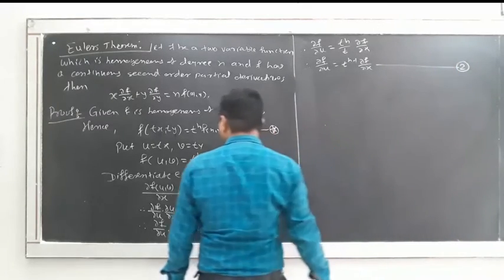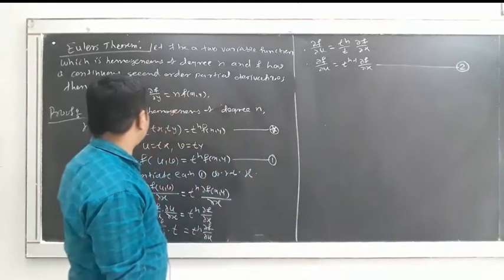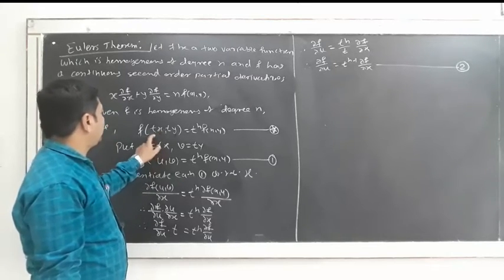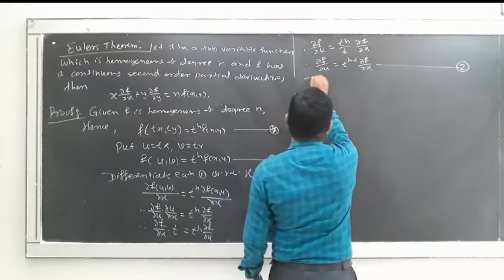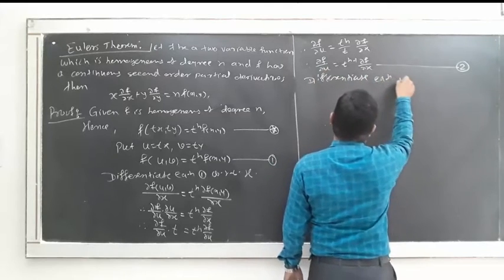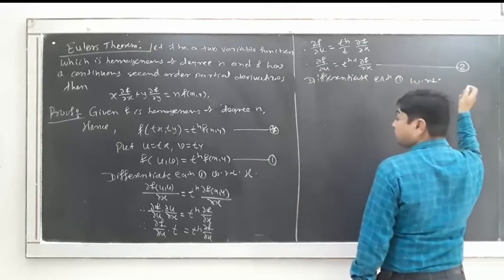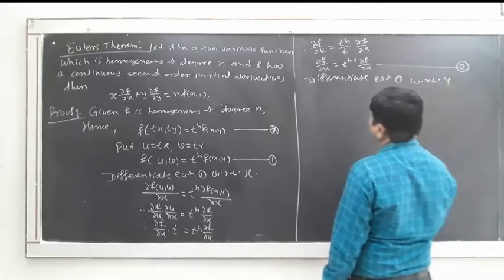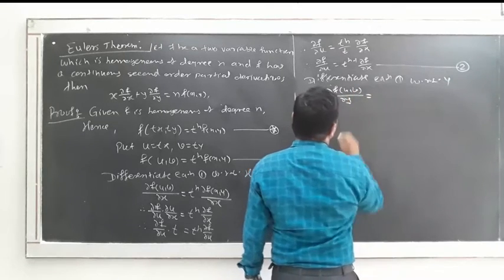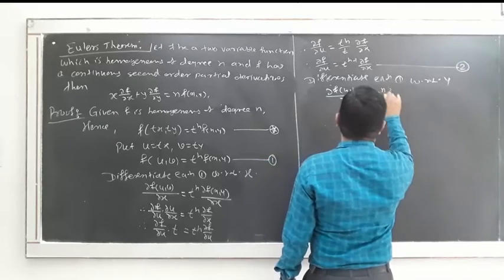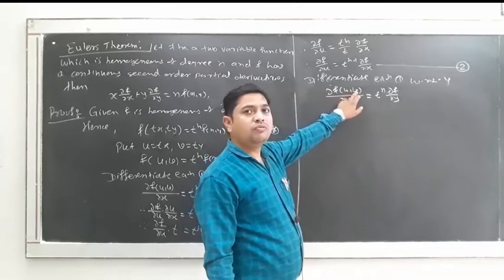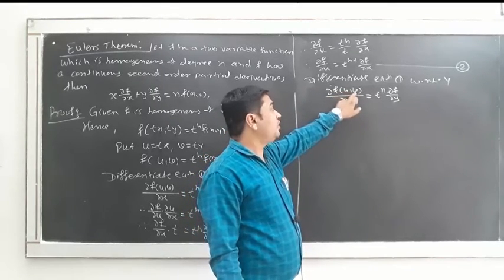Now similarly we can find ∂f/∂y. So again differentiate equation 1 with respect to y. Here ∂f(u,v)/∂y is equal to t^n ∂f/∂y. Now f is a function of u and v, u is a function of x only, but v is a function of y.